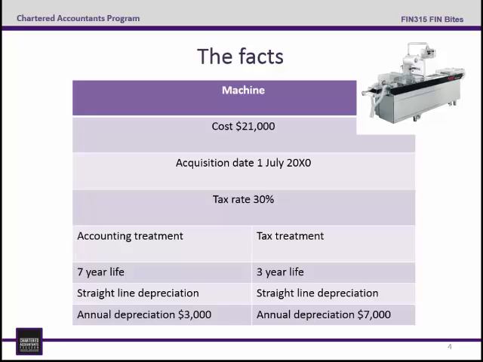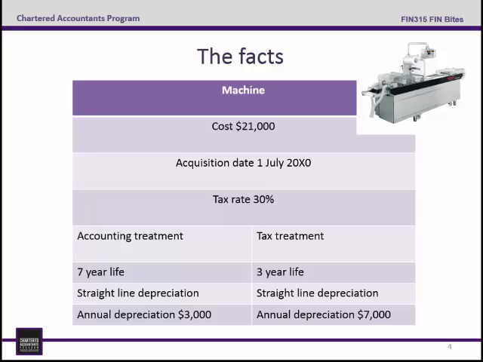I like to think about using a gut feel and just saying, okay, what's happening for tax purposes? Here we're getting the tax deductions more quickly. So to me, I think if I pay less tax today, at some stage you're going to have to make up for that. So less tax today means more tax to be paid tomorrow. So we've got a deferred tax liability, because we're getting the tax deductions more quickly.